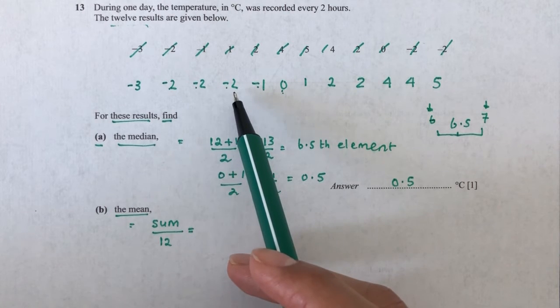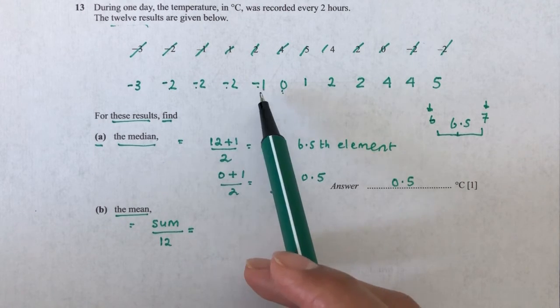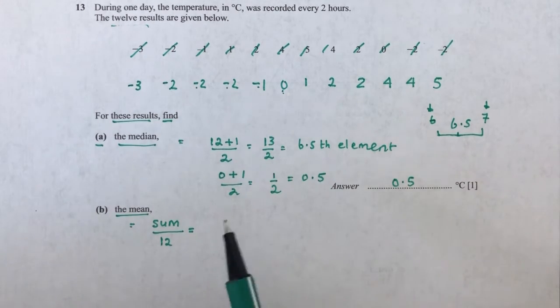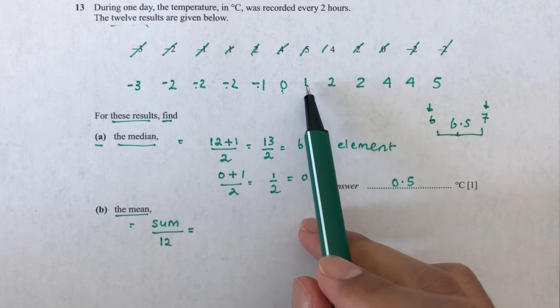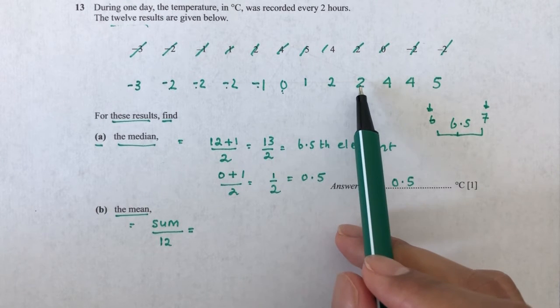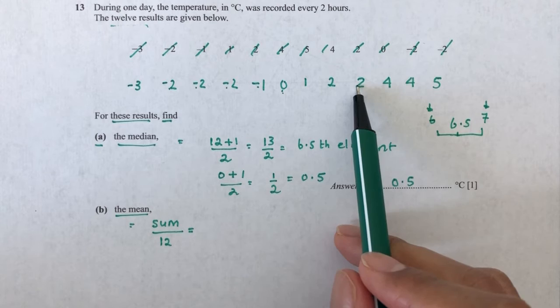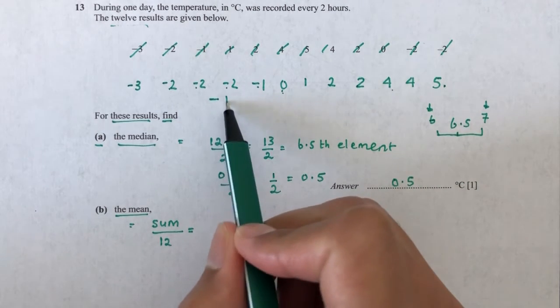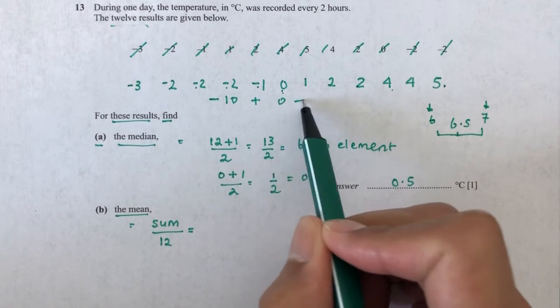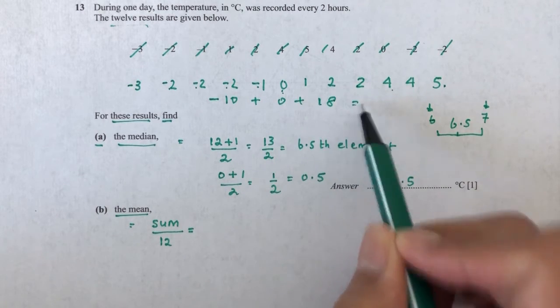That will be minus 9, minus 10. Okay, that will be the negative numbers, minus 10 on this side. And this side we will have 1 plus 2 is 3, plus 2 is 5. 5 plus 5 is 10. 10 plus 8 will be 18. So here we have minus 10 plus 0 plus 18, which will give us 8.